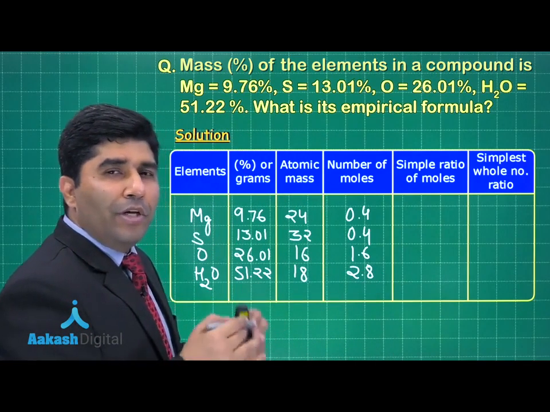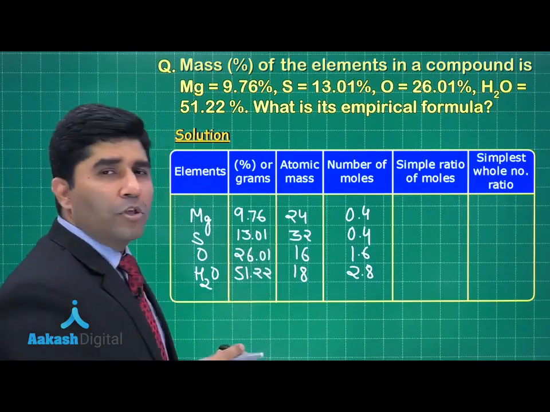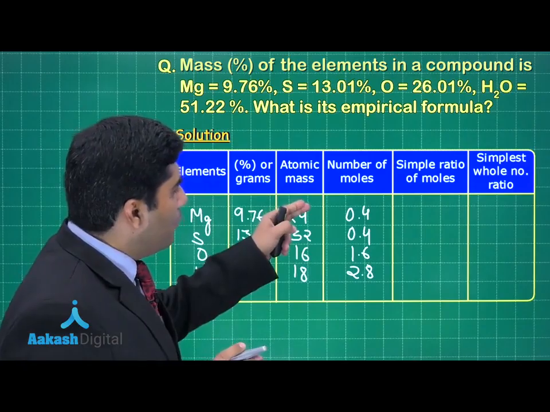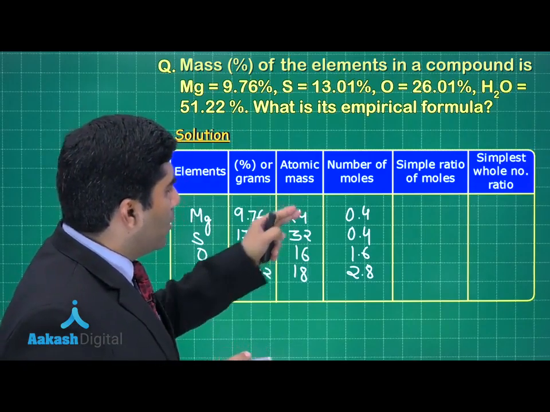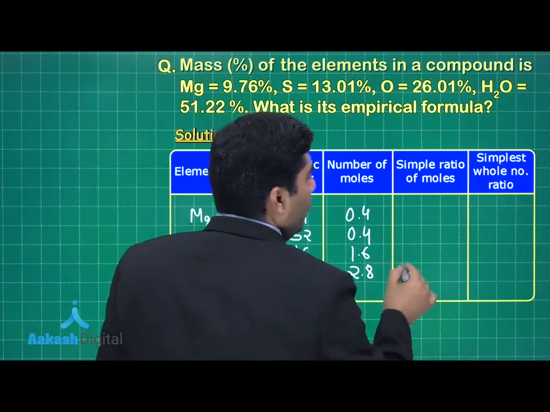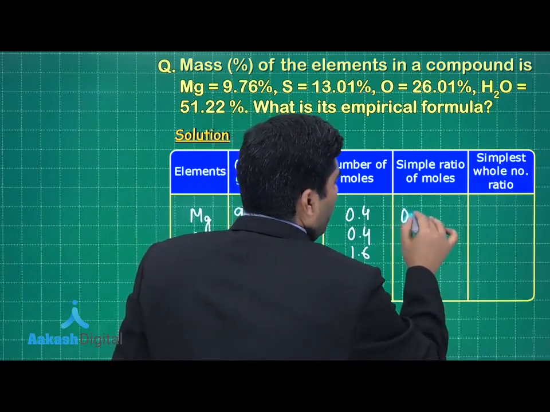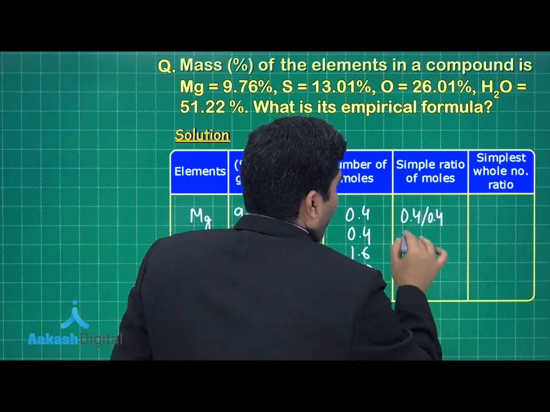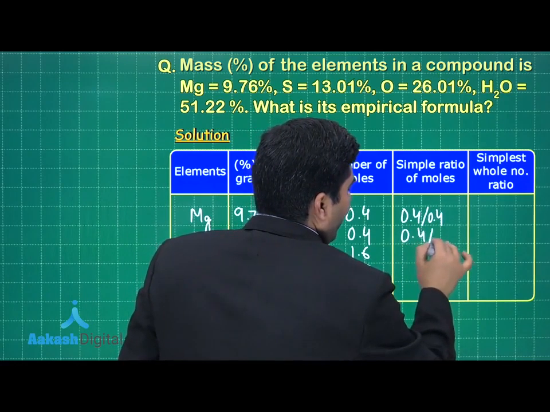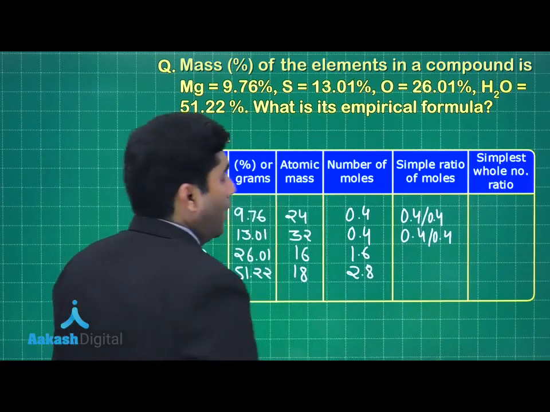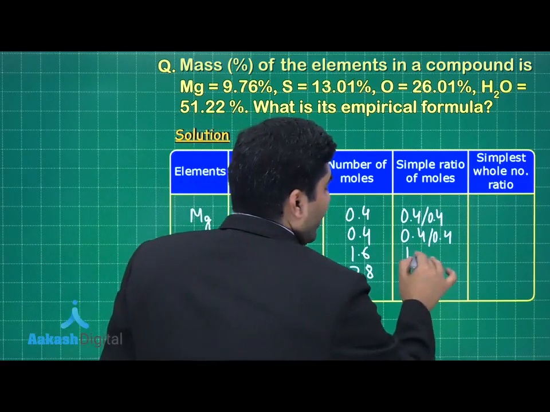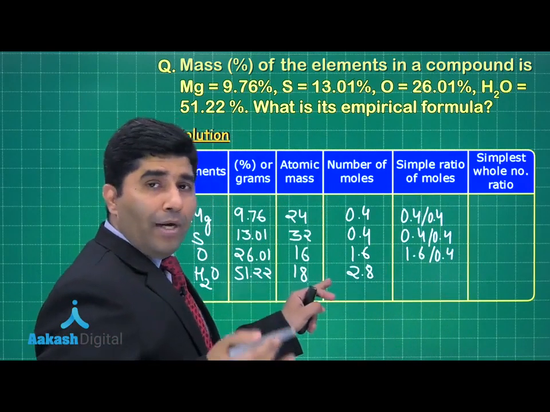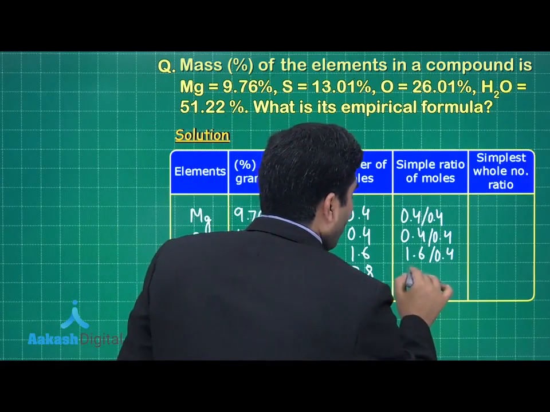The next step is to divide all these numbers of moles by the least value of the number of moles, and 0.4 is the least value. So 0.4 divided by 0.4, and 0.4 divided by 0.4 again, 1.6 divided by 0.4, and 2.8 divided by 0.4.